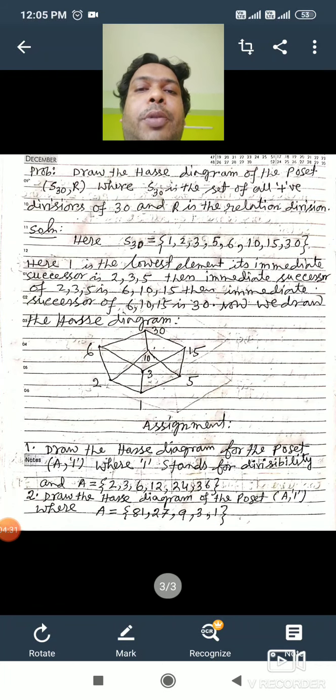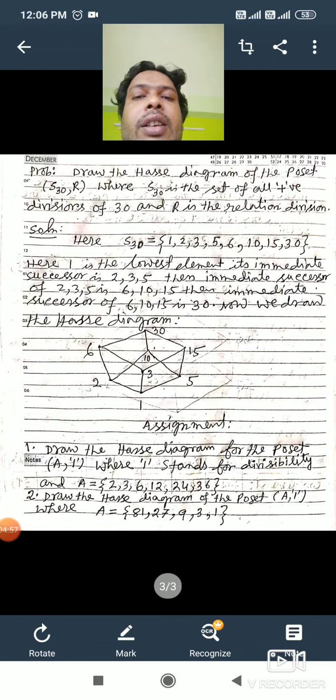Again a problem. Draw the Hasse diagram of a poset (S30, R), where S30 is the set of all positive divisors of 30 and R is the relation division. Here S30 is a set with elements 1, 2, 3, 5, 6, 10, 15, 30.